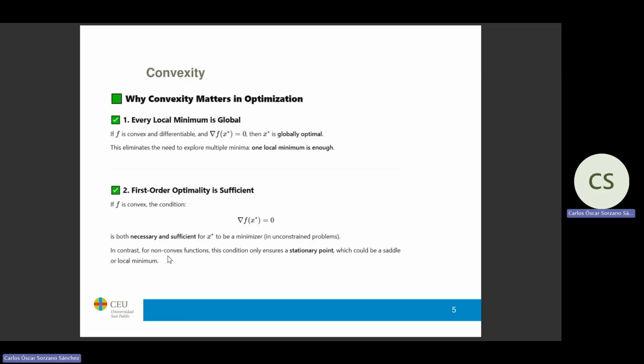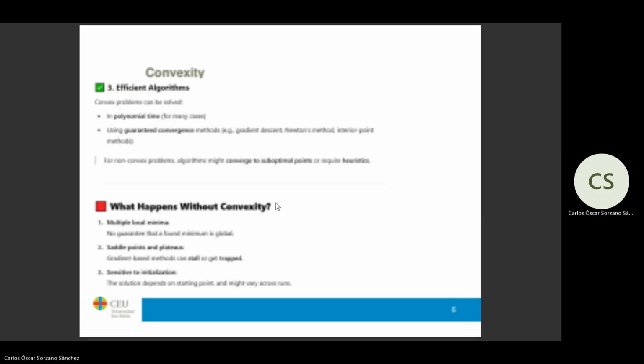In general, for non-convex functions, this condition is necessary, and points that satisfy this condition are called stationary points, but they can be minima, they can be maxima, or they can be saddle points. But if the function is convex, they can only be optimal, so minimum or maximum.